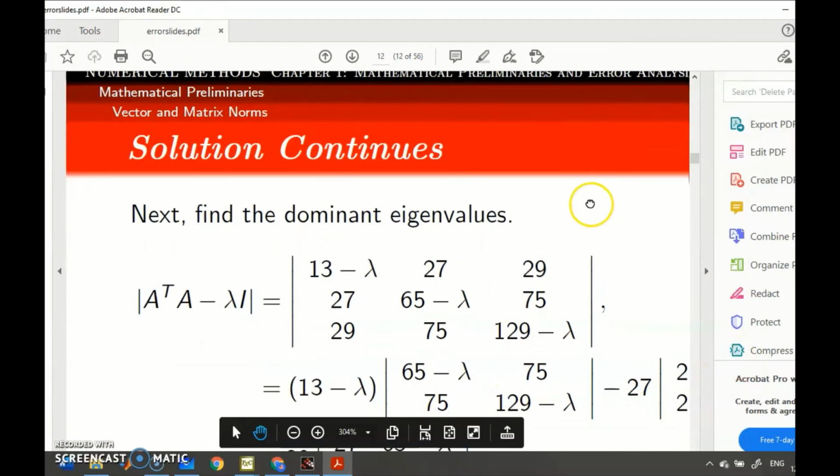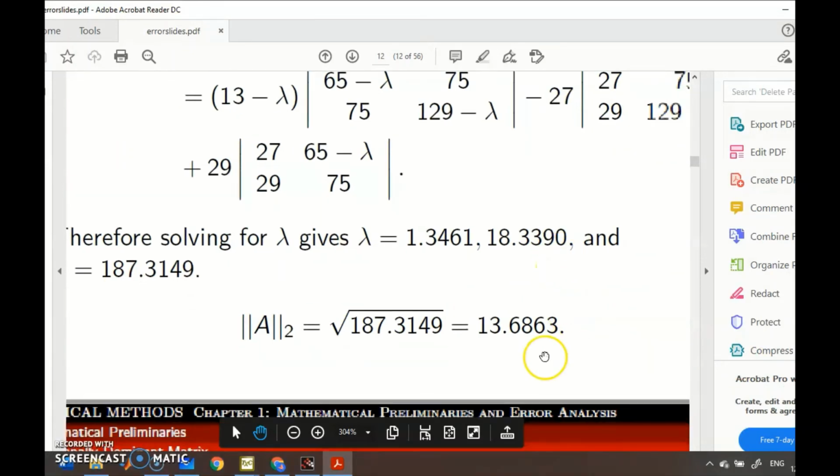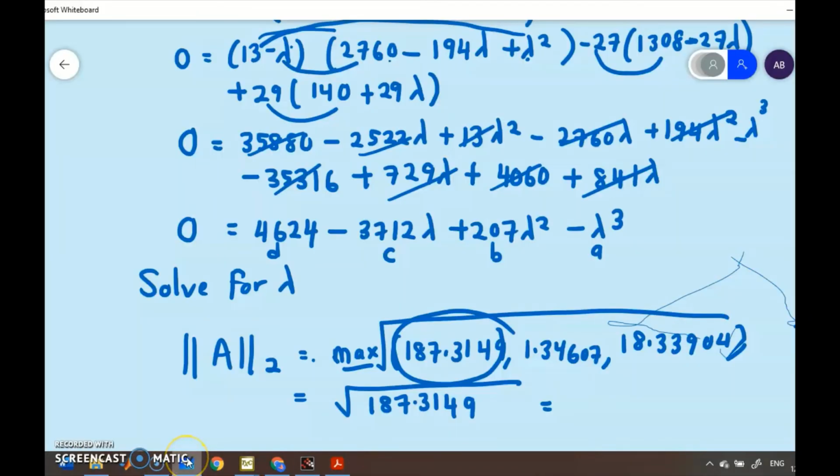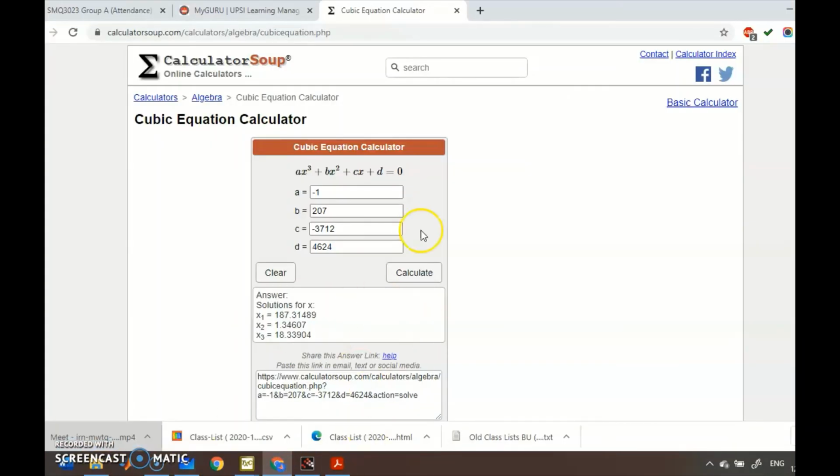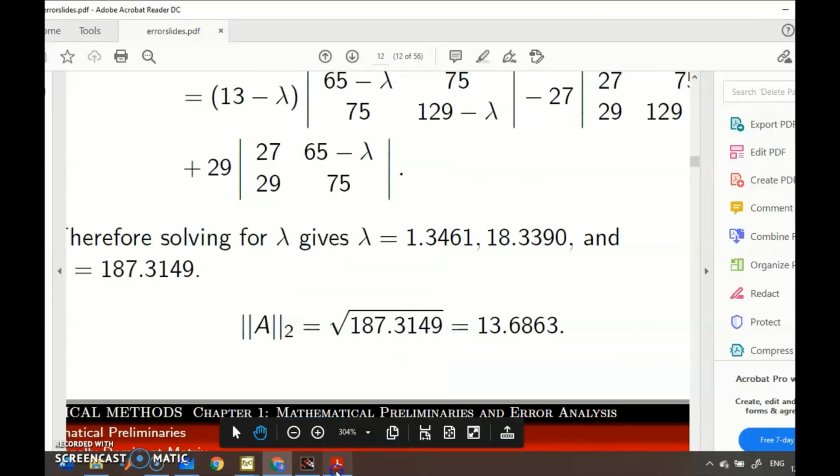So there you go, 13.6863. So that is your solution. Okay, so this is how you find the A2 norm. You can use the cubic equation calculator to find the A2 norm.